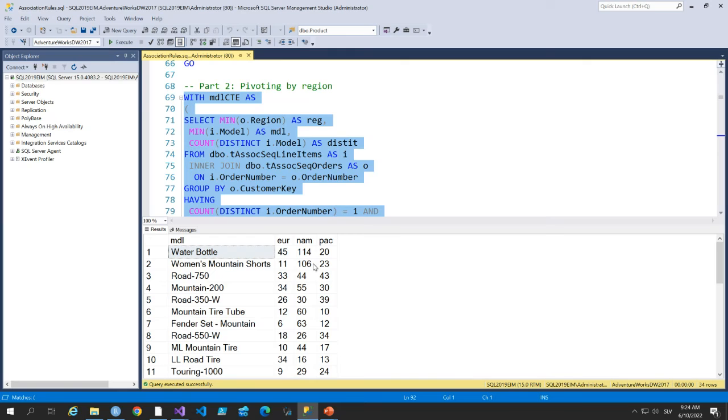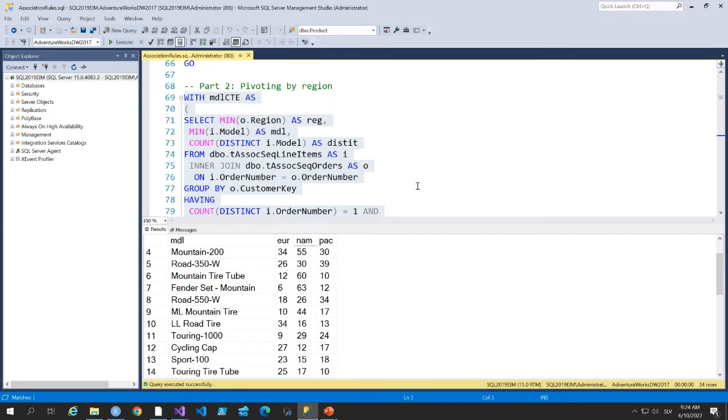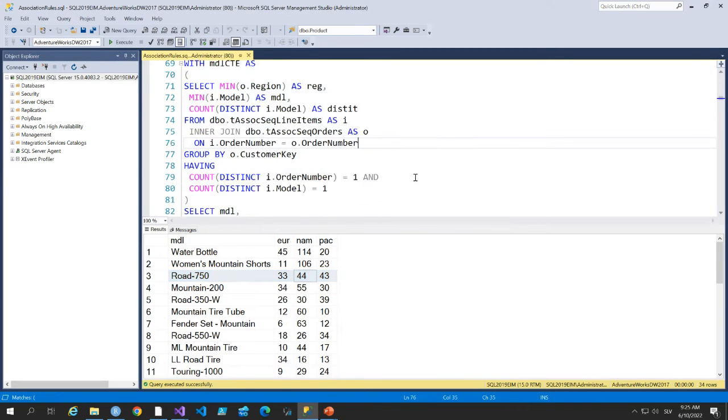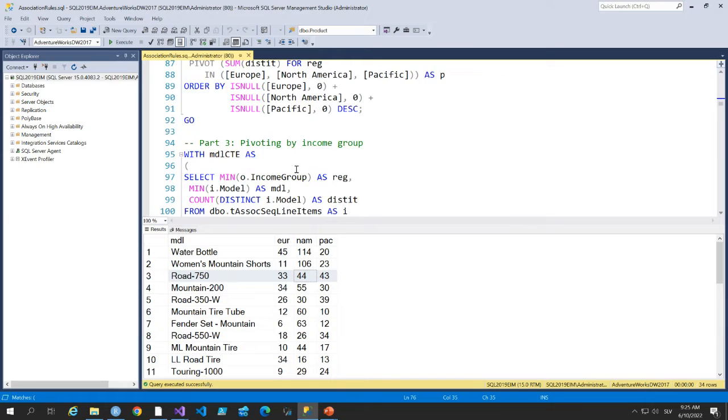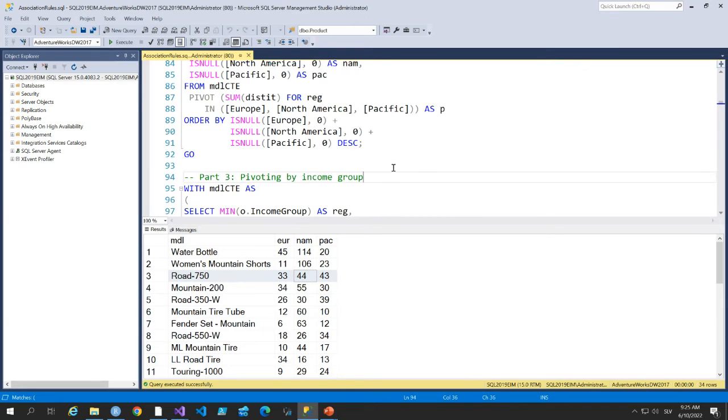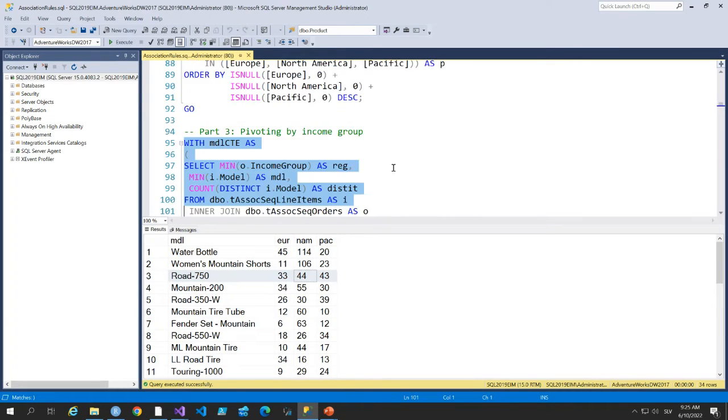I see especially NAM, which is short for North America, water bottle and also Women's Mountain Shorts are very negative, especially in North America. Road-750 has approximately the same negativity in all regions. And I could also try with income group and check.